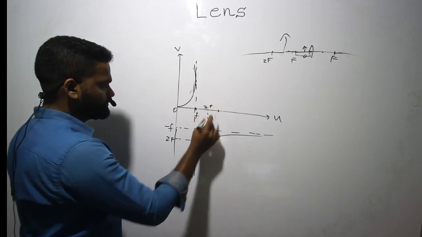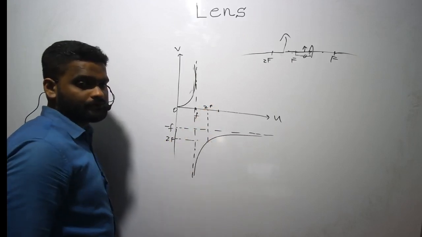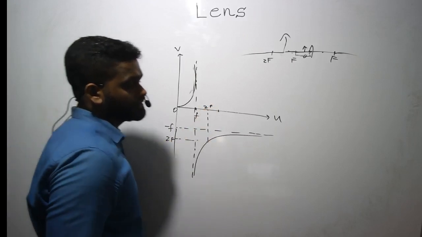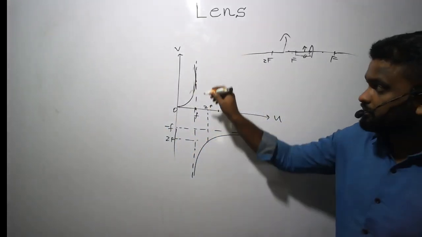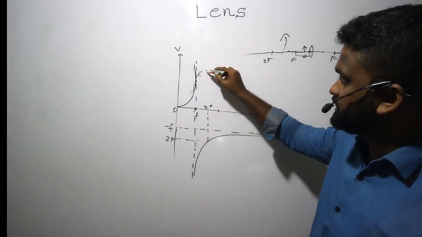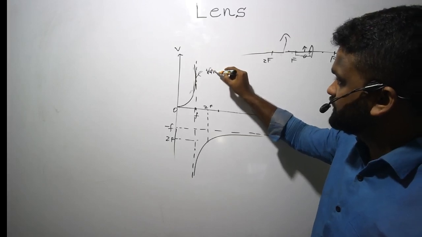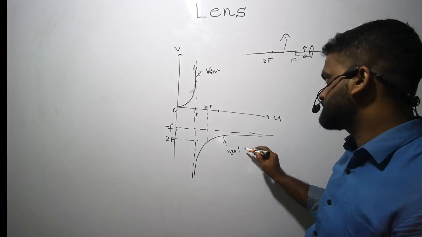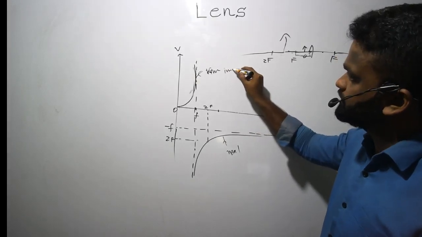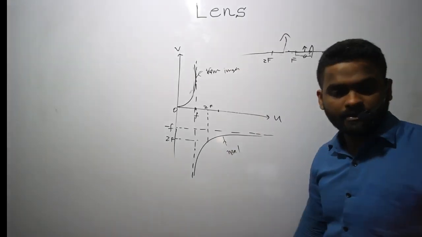So for 2f, the other coordinate also is 2f. Okay, take it down. So this part is for real images. This is virtual images. Take it down.